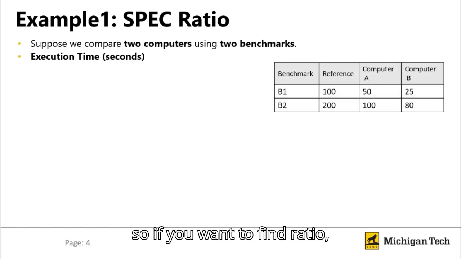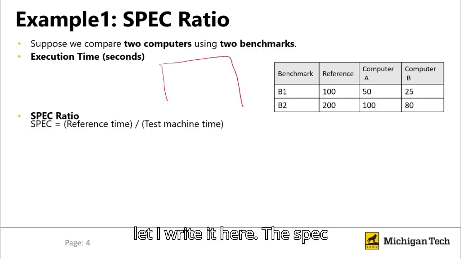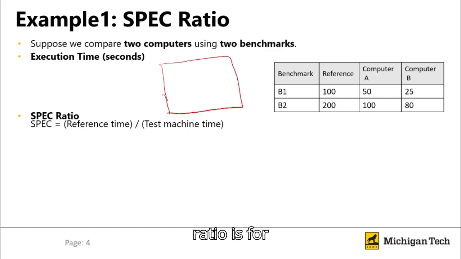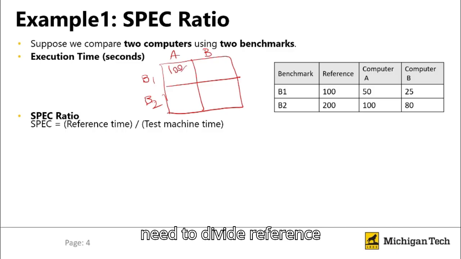Okay, so if you want to find the aspect ratio, let me write it here. The ratio is for benchmark B1 and benchmark B2, for computer A and computer B. We just need to divide the reference time.